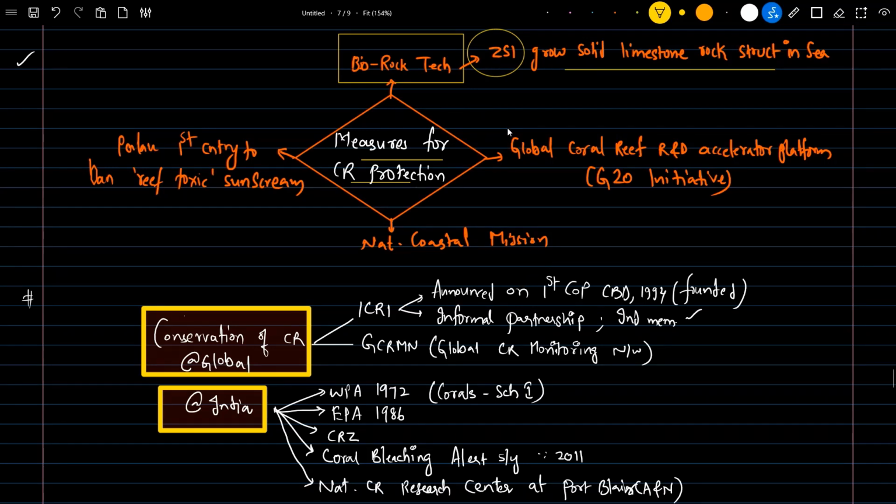Next important initiative is the Global Coral Reef Research and Accelerator Platform, which is a part of the G20 initiative. And the third thing is the National Coastal Mission. And the fourth thing is Palau, the first country to ban reef-toxic sunscreens.